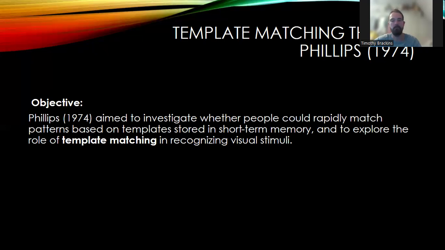And I'll just note here that we'll be discussing visual stimuli in this lecture today. Again, we have all the different modalities, auditory, olfactory, so on, but we'll be sticking with visual.